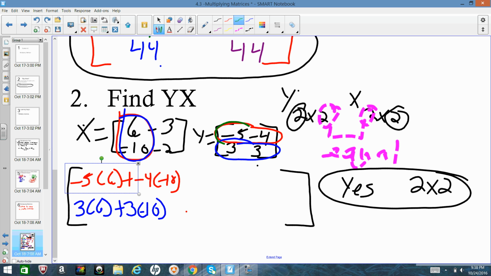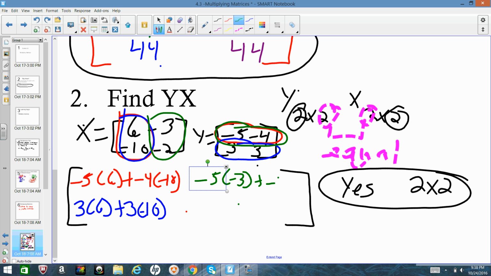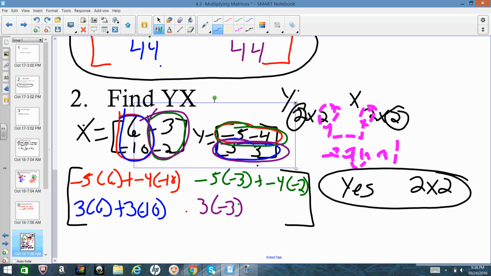So I would take the top of Y and the right of X. So negative 5 times negative 3 plus negative 4 times negative 2. And finally, because I'm doing the bottom right, I'm going to take the bottom of Y and the right of X. So it'd be 3 times negative 3 plus 3 times negative 2.